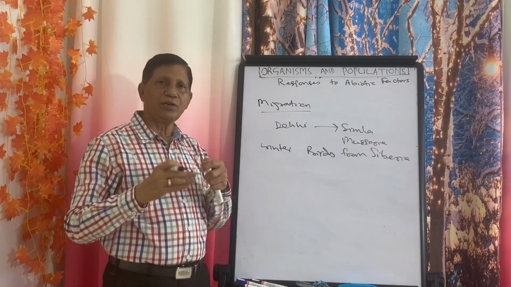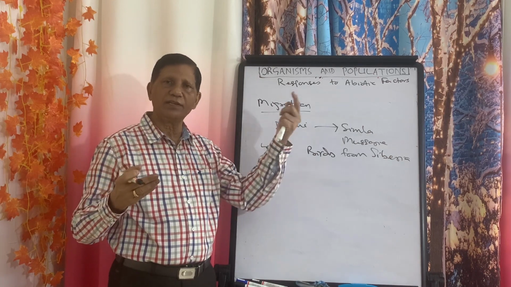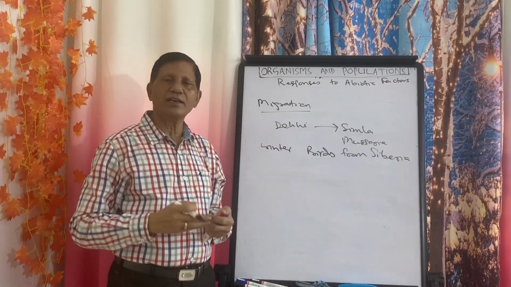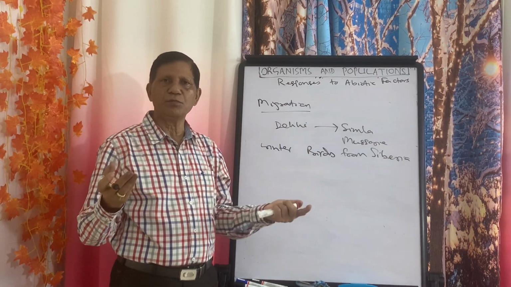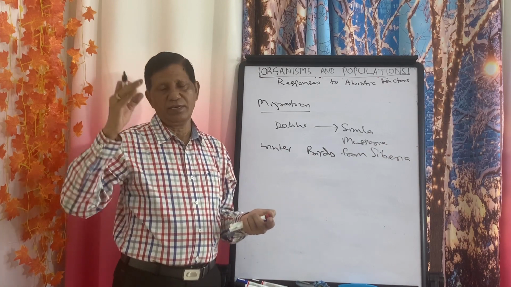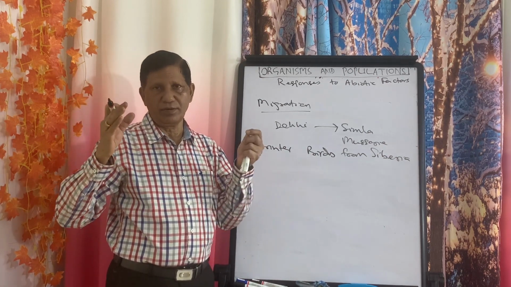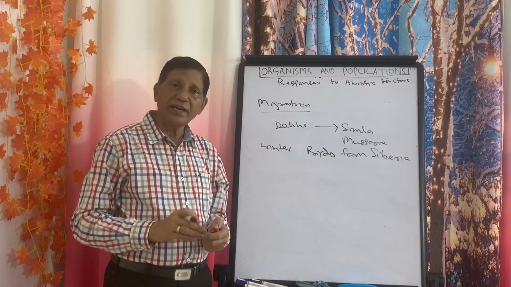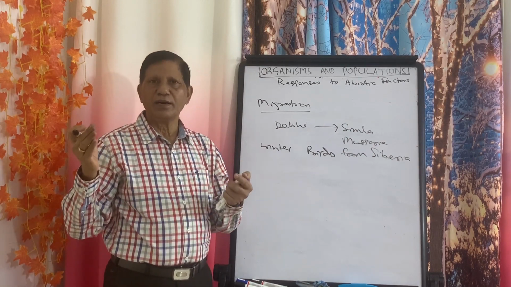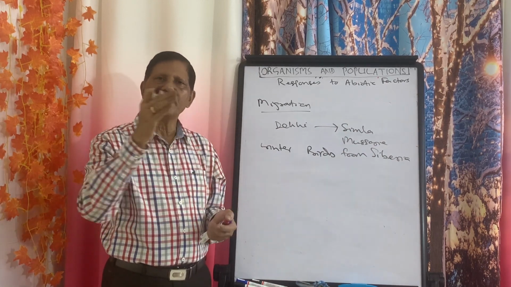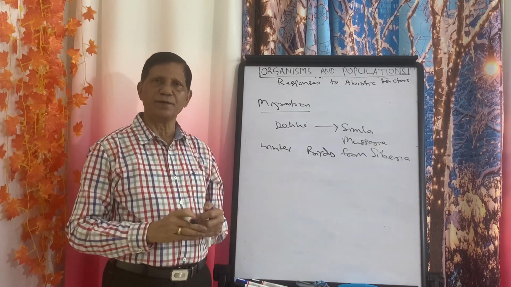That is why during winter season the number of birds in Chilika Lake and Rajasthan National Park is more, because in Siberia during winter the temperature is very low. Again, when the temperature increases, they will fly back. This is known as migration.